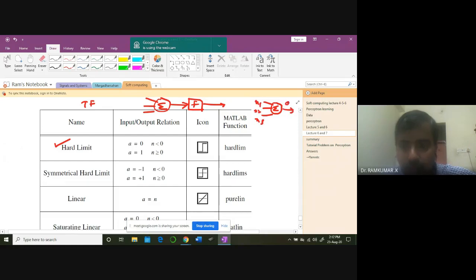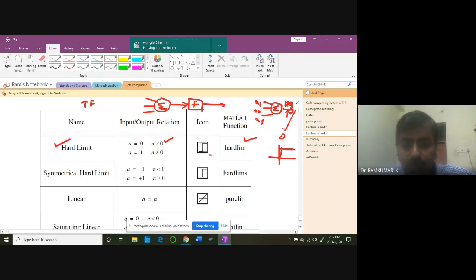This output is A. If the summation value n is less than 0, then the neural network output A is going to be 0. So it's more like a hard limit function, a step function.